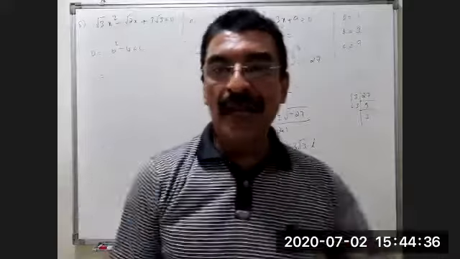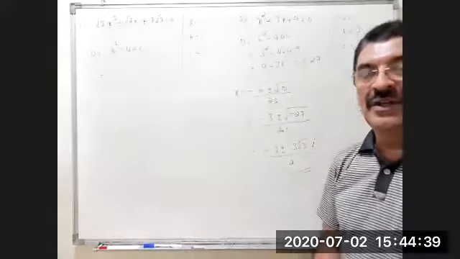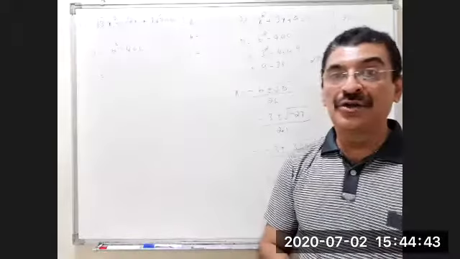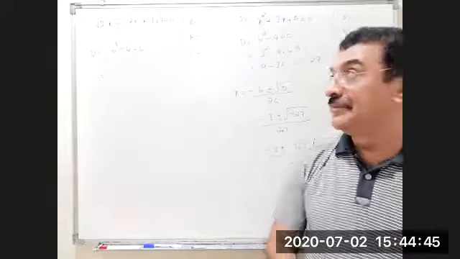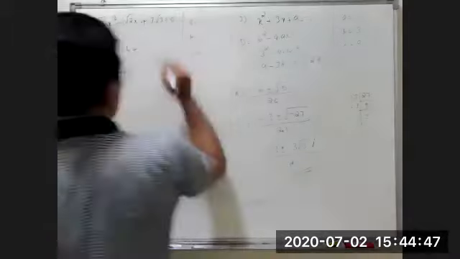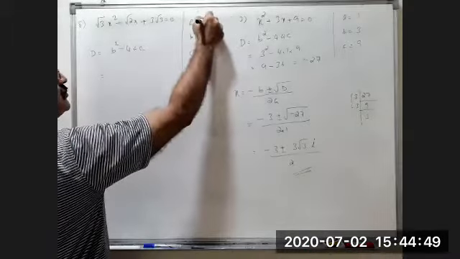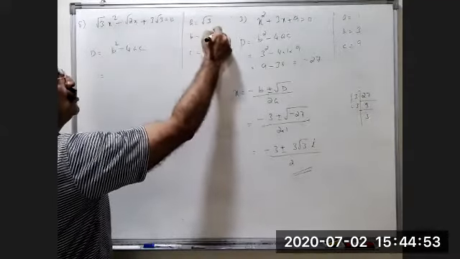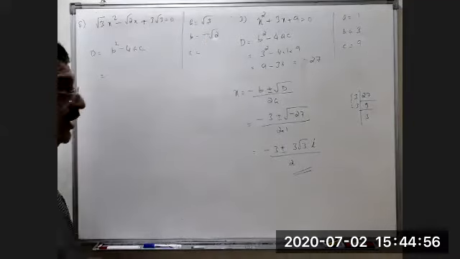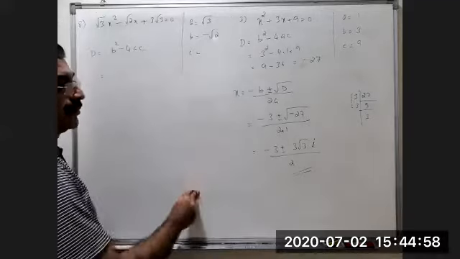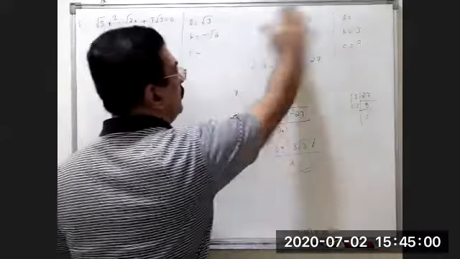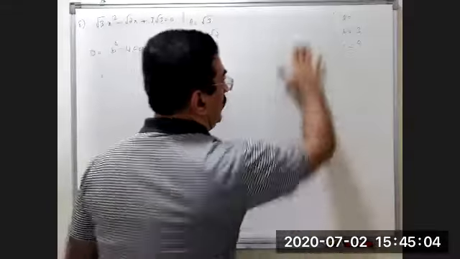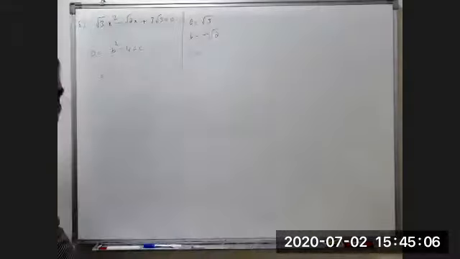A, B, C, right? A stands for the coefficient of x square. It is root 3. B, the coefficient of x, is minus root 2. Then C. What is C here? C is 3 root 3.